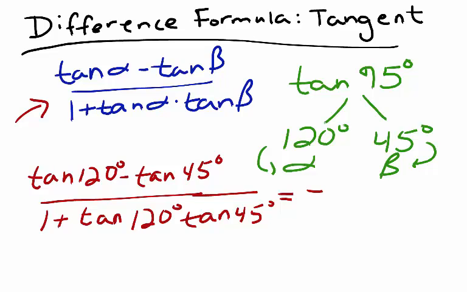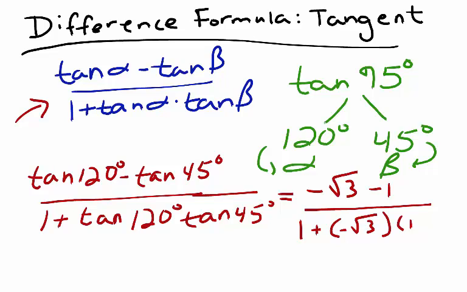Tangent of 120 would be negative square root of 3, minus 1, divided by 1 plus negative square root of 3 times 1. Again, negative square root of 3 is tangent of 120 degrees. Tangent of 45 degrees is 1.